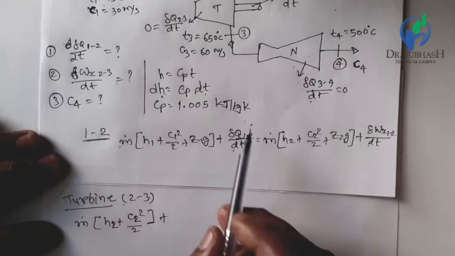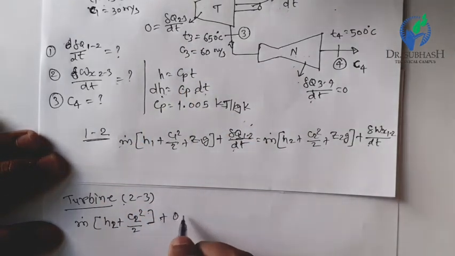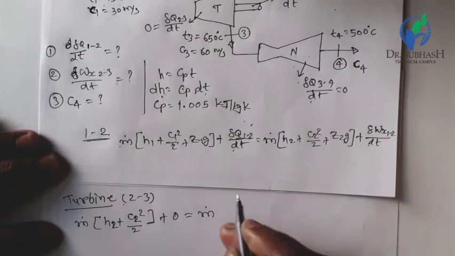Then the work output that we are going to calculate here, del Wx 1 to 2 divided by dt.